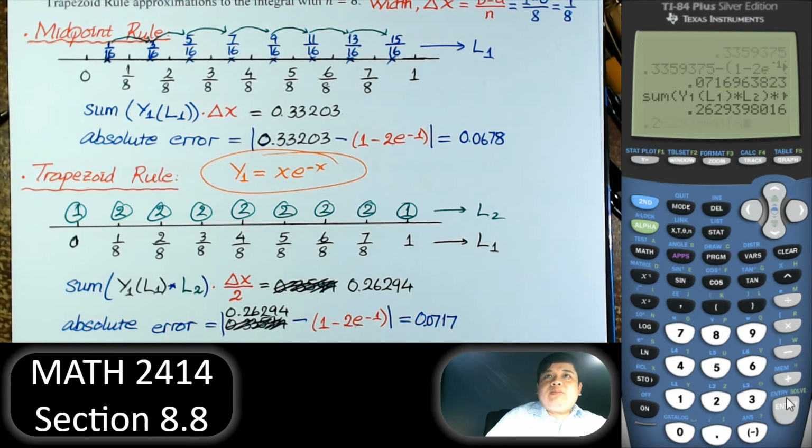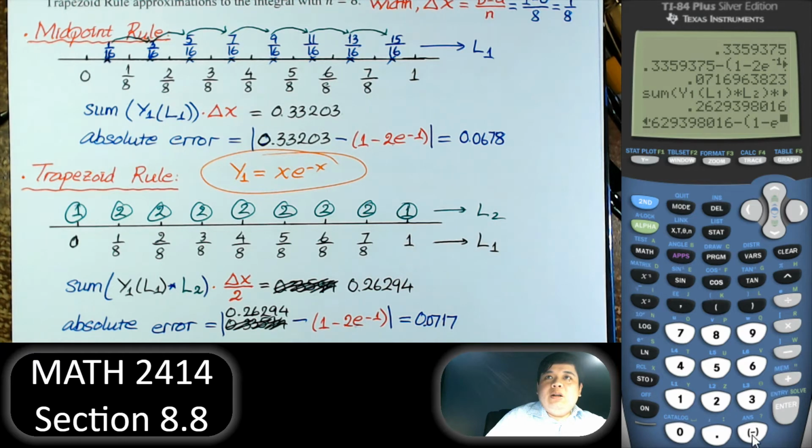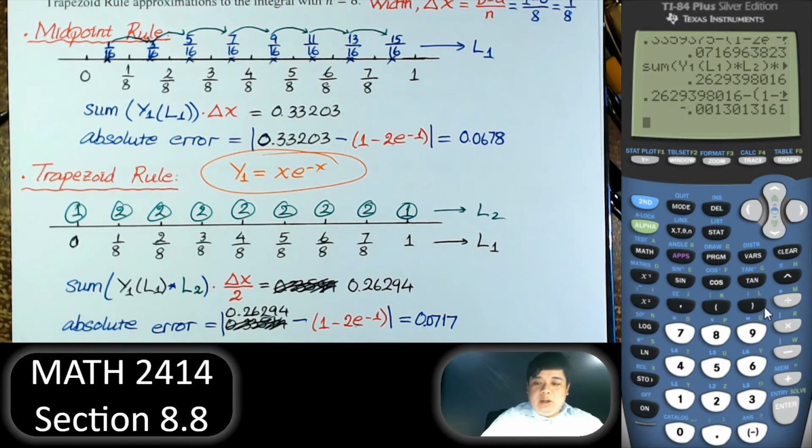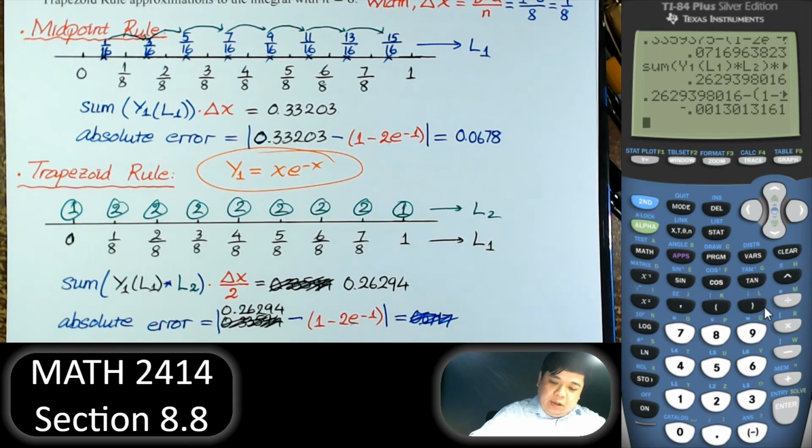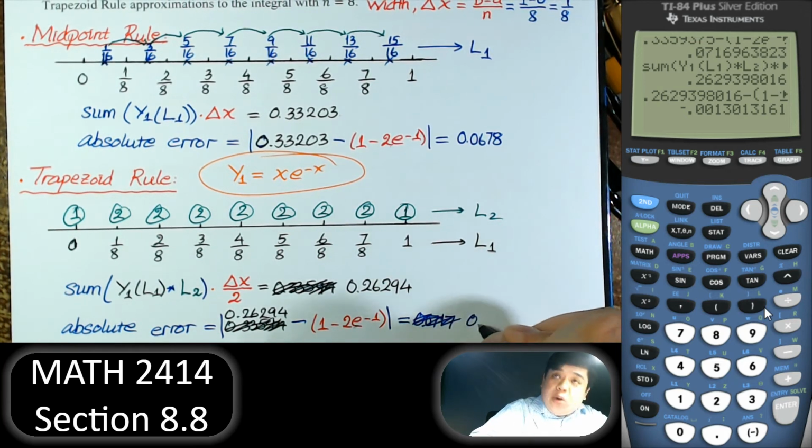So we have that. Subtract 1 minus 2 times, so we have 0.0013.